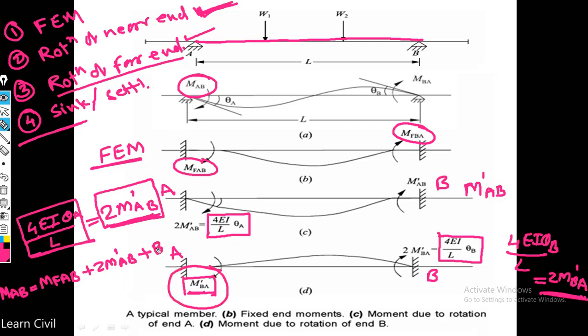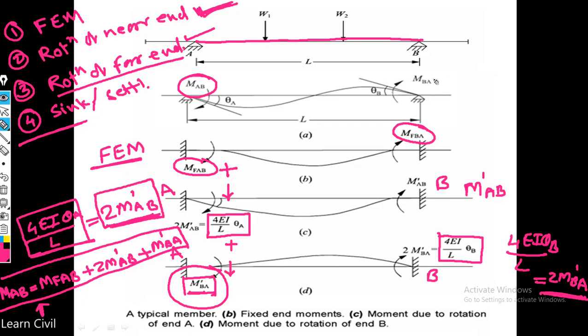So the final equation for MAB is MFAB plus 2m' AB plus m' BA. This is the final end moment for AB, the sum of these three values.